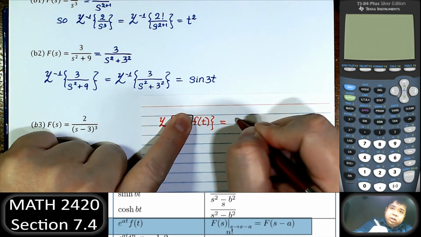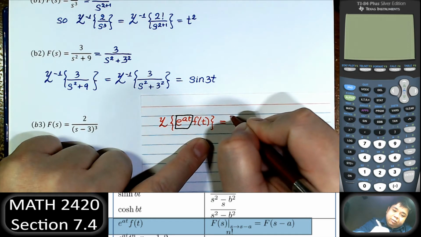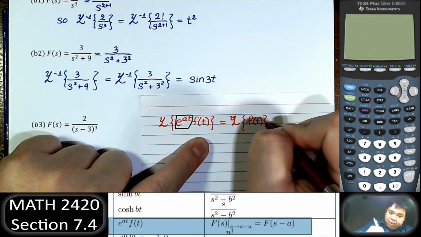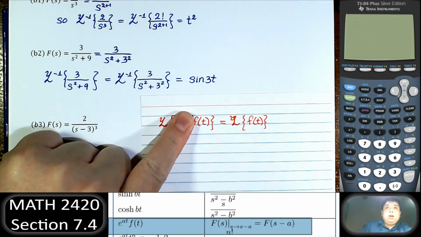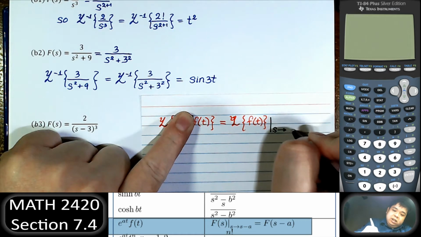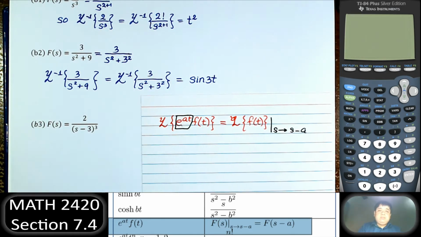What we do is we just find the transform, meaning just do the transform of f of t, ignore that part. But once we've done that, we replace s with s minus a, and that's what the e to the at does.